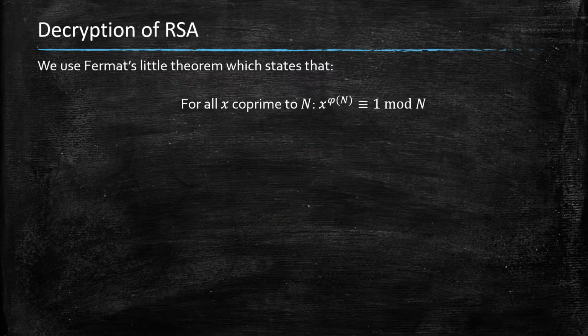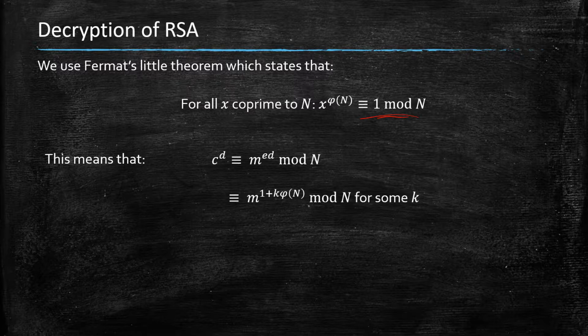Well, we use the fact that any x coprime to n, raised to the power phi of n, is congruent to 1 mod n. Which means that if you raise the ciphertext to the power d, this is congruent to m to the ed mod n, and you can substitute ed by 1 plus a multiple of phi of n, because they're assumed to be inverses modulo phi of n.